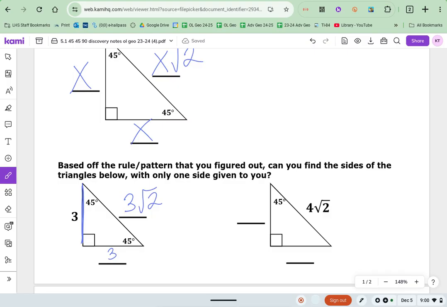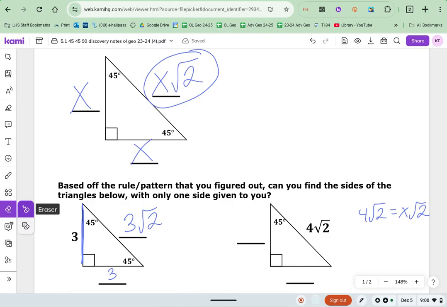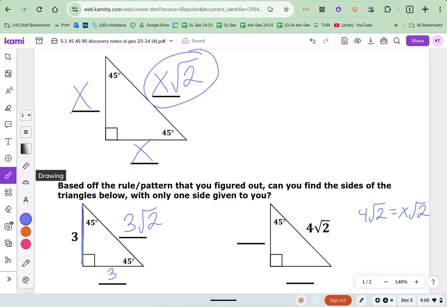On the next triangle, we're given the hypotenuse. So remember, the hypotenuse is the x root 2 side. So 4 root 2 that we're given is equal to x root 2. Because we want to know what is x. Because remember, x is the legs. So if we can solve for x, we solve for the legs. So we're going to get x by itself.